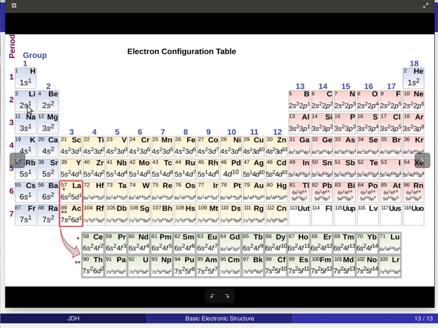Then we're filling up the first s orbital, second s orbital in the second column. Over here, we're filling up the first p, second, third, fourth, fifth, and then we filled up our p orbital. Then we have to come back down here and start putting electrons into that s orbital, 3s1, 3s2, second column, and then p1, p2, 3, 4, 5, and 6.